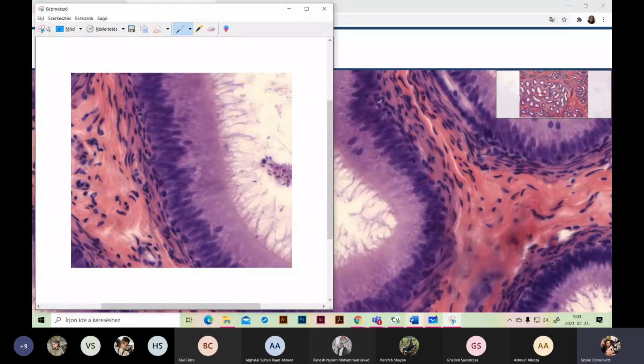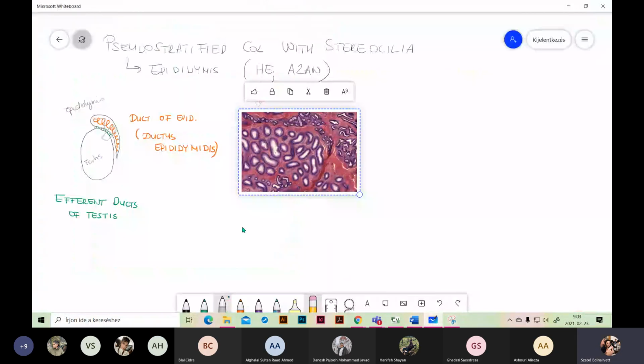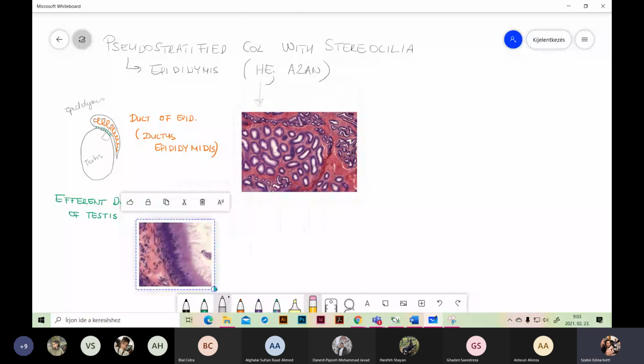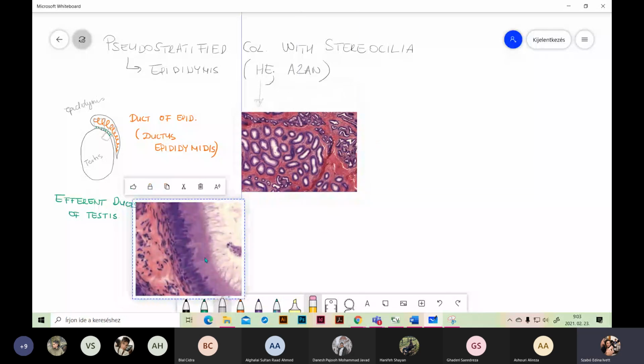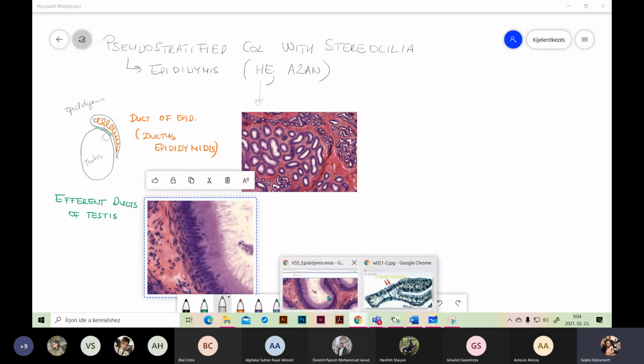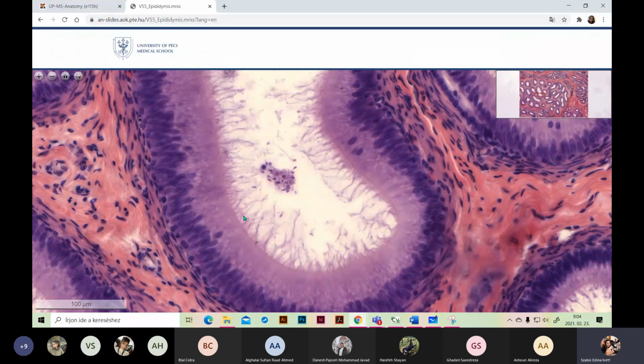And if we have a pseudostratified columnar epithelia, we have to see the surface modification. Here you see the surface modification. It's stereocilia. How do we know it's stereocilia? Because it's a huge surface modification, what we see on the surface.